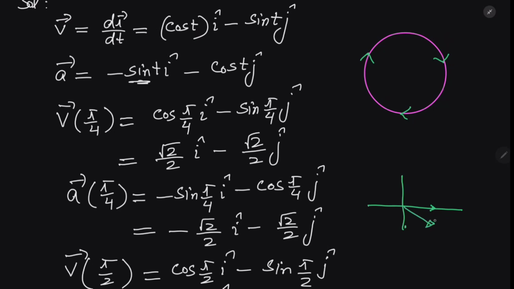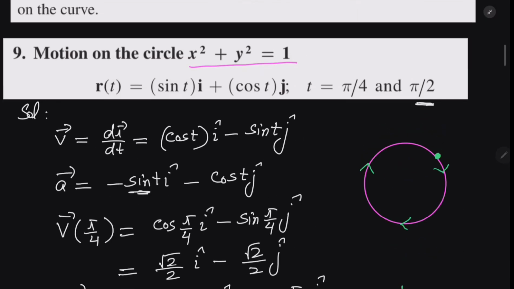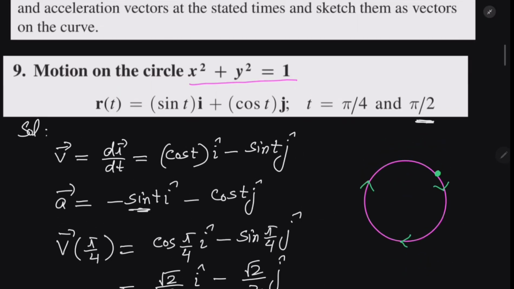So you can just copy that and put the value at the point where we have this point over here. First you can identify the point t = pi by 4. Sine pi by 4 is 1 by under root 2, and you put t equal to pi by 4, so it is 1 by under root 2. At this point you have this velocity vector at pi by 4.